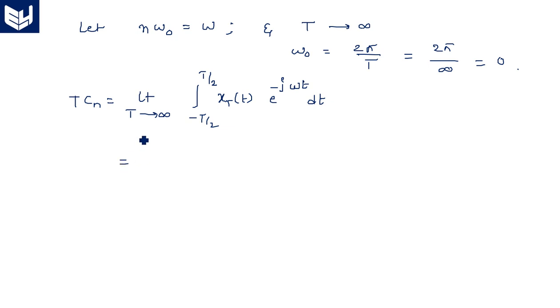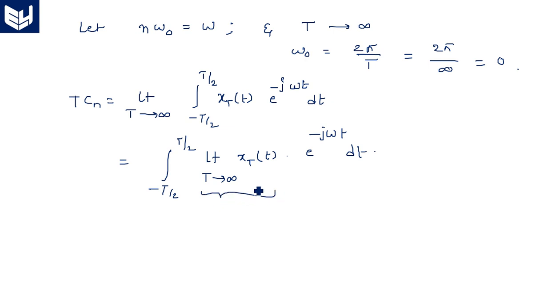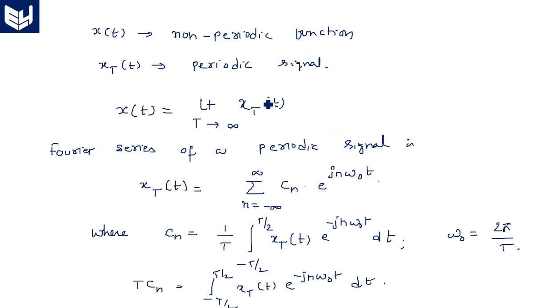Now take this limit inside and take this integration outside, just interchange these two. Then integral minus T by 2 to T by 2 of limit T tends to infinity x_T of t e power minus j omega t dt. So what about this one? Limit T tends to infinity x_T of t, already we have taken this as x of t.